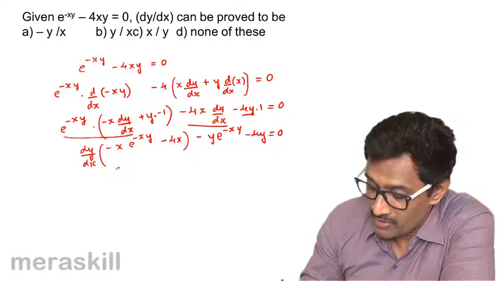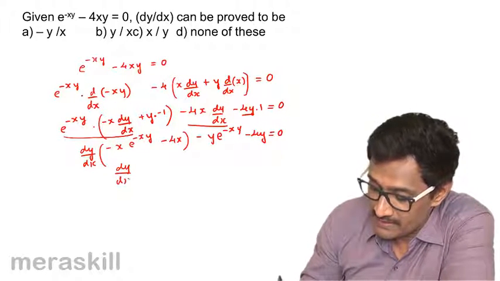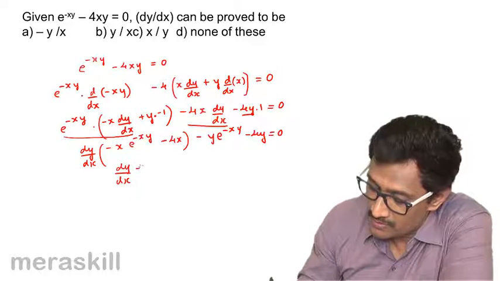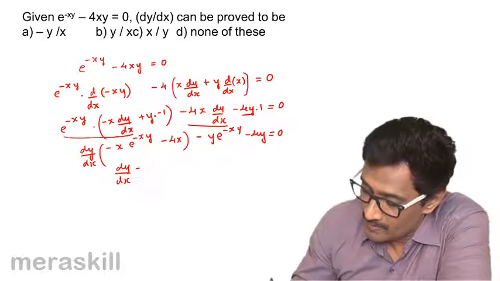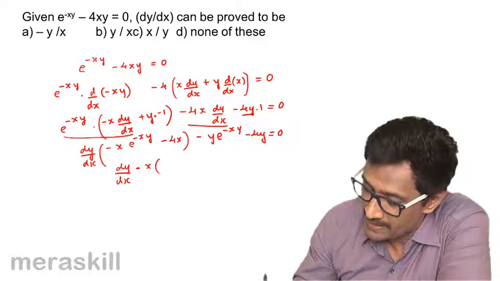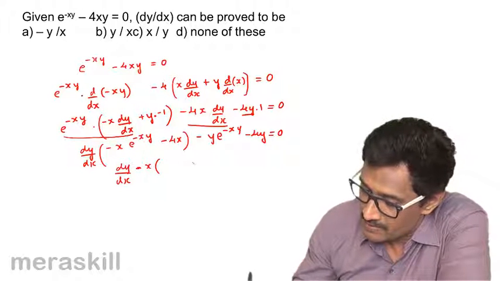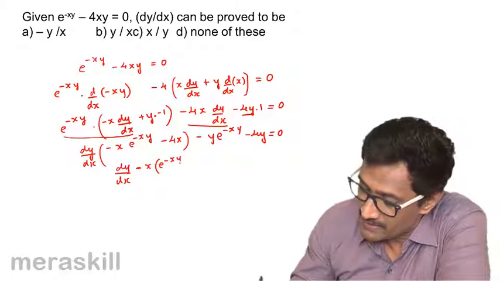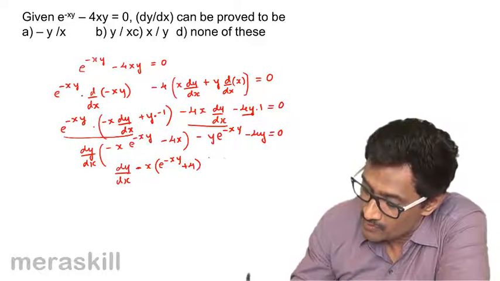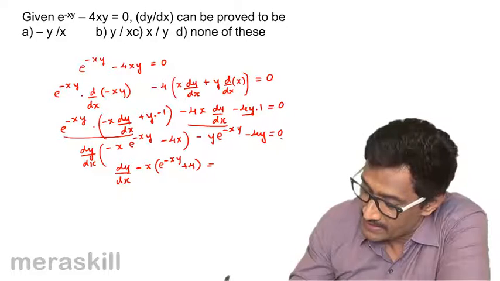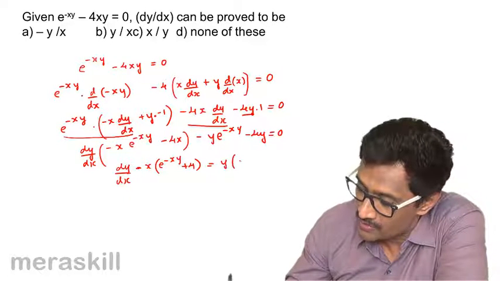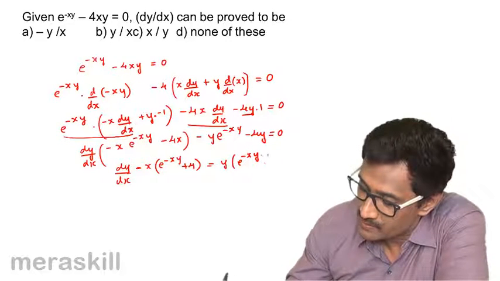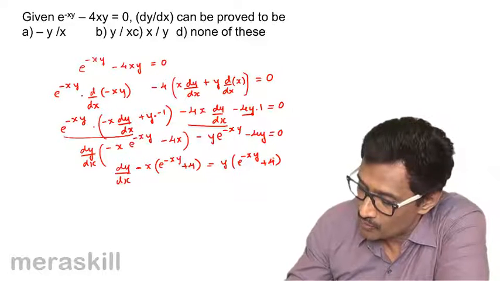So eventually you get dy by dx, take it out, into minus x into e raised to minus xy plus 4. You take these things outside, you get y into e raised to minus xy plus 4.